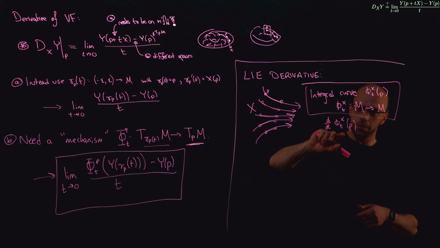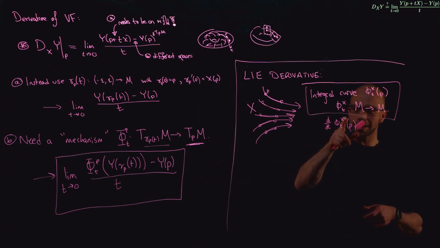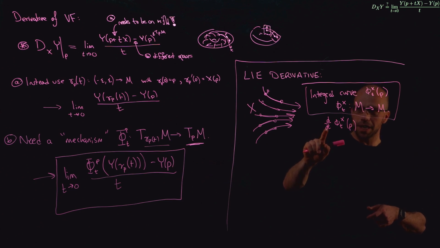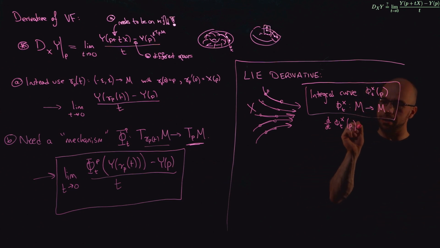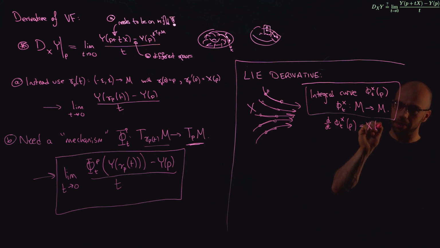I flow p for time t along X, and then its rate of change should be X, right? So it should look like X, and you have to be a little careful about where you evaluate it. I'm doing this off the top of my head, so you should all check me.